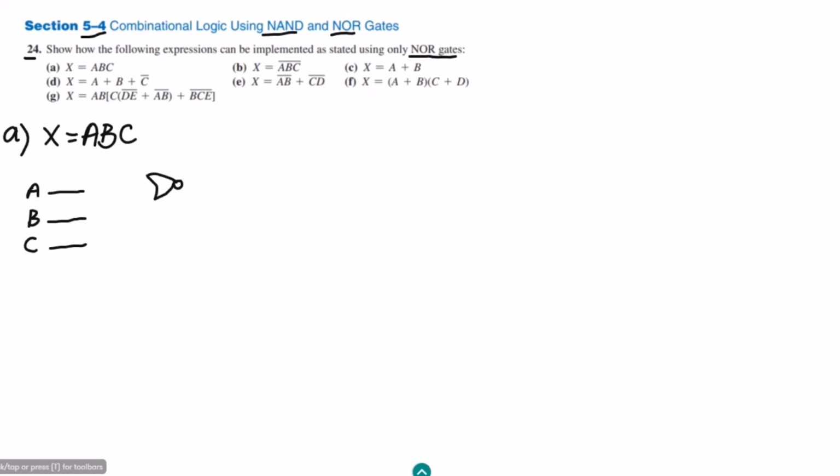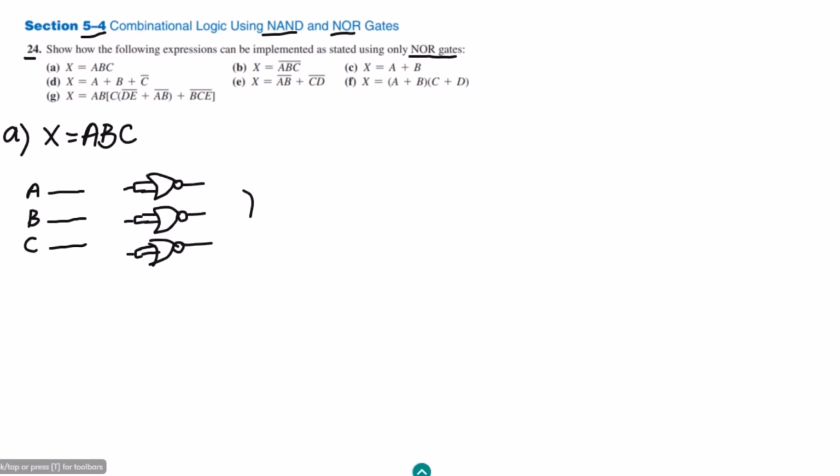Let me draw it with these three NOR gates. We have three NOR gates because of three inputs, and the inputs of these NOR gates are combined together.